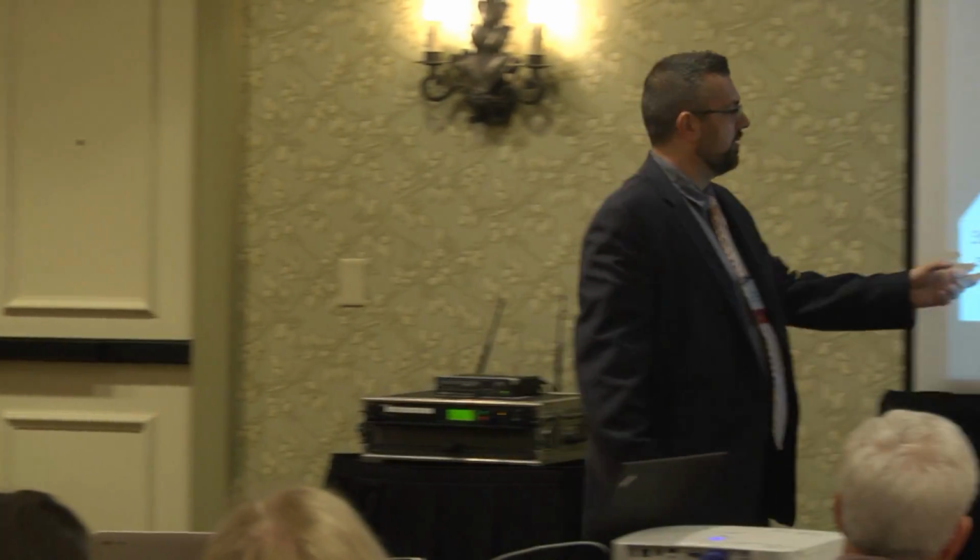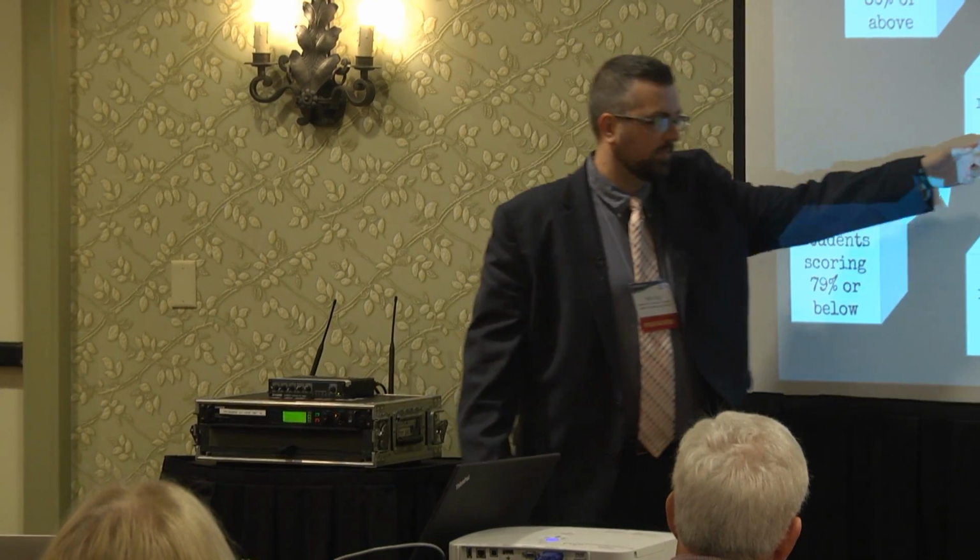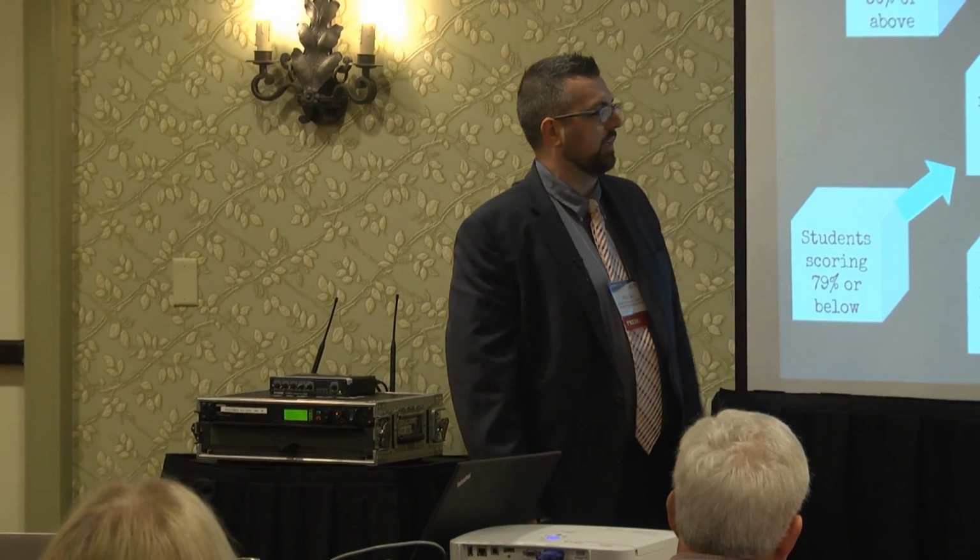This is just one child in the class. I've got 25 children in the classroom. This is why we need to make it easier for teachers. If that student scores below that 80%, then I've got to start my intervention process. Maybe it's flashcards, maybe it's a website.